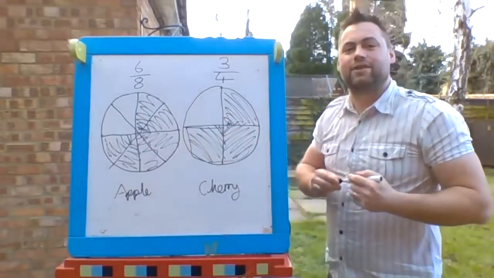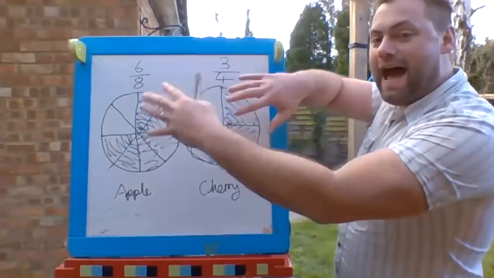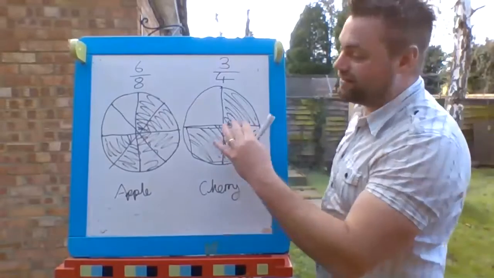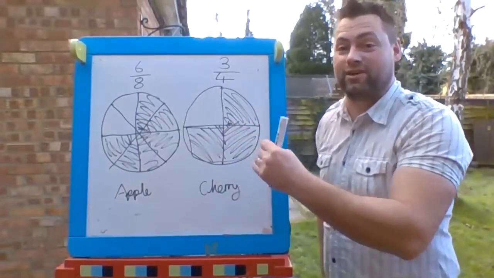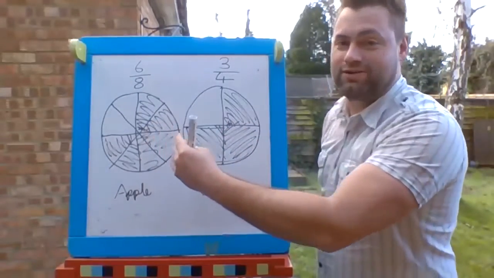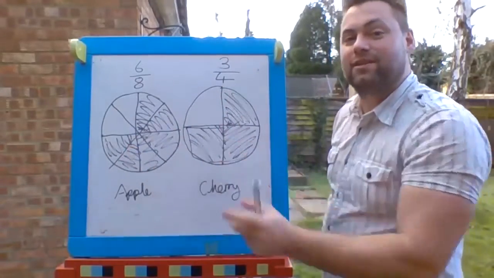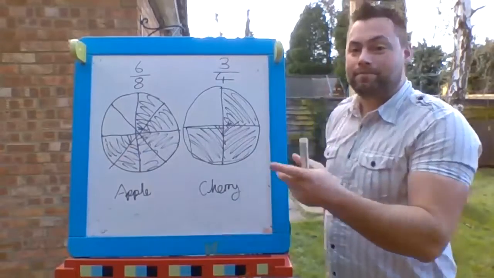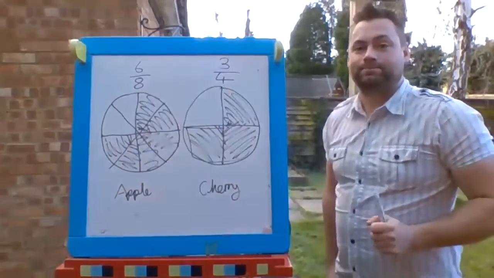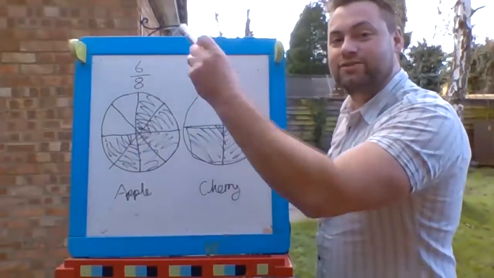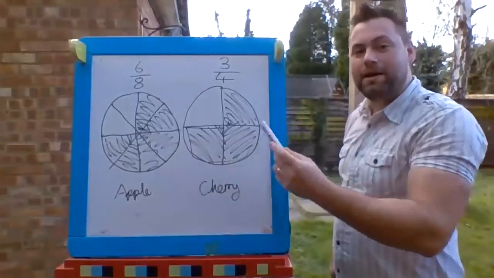I've eaten the same amount of cherry pie as I have the apple pie. It's just that these were 4 big slices, and these were 8 smaller slices. So I ate 6 smaller slices here, but I ate 3 big slices here. Same amount, different fractions, but these fractions are representing the same amount.